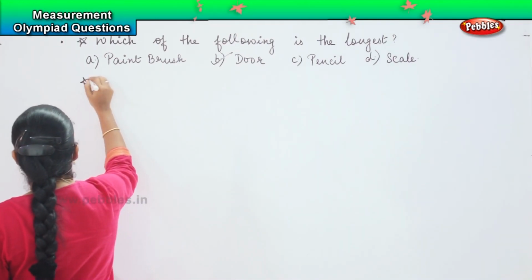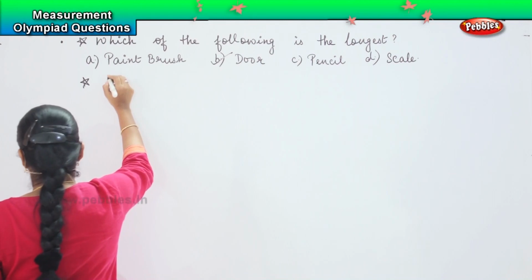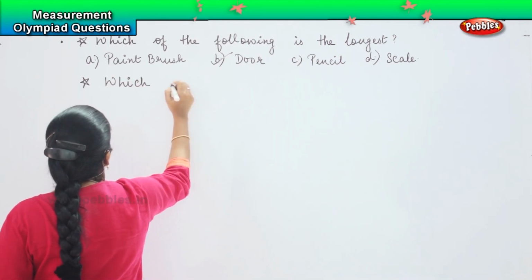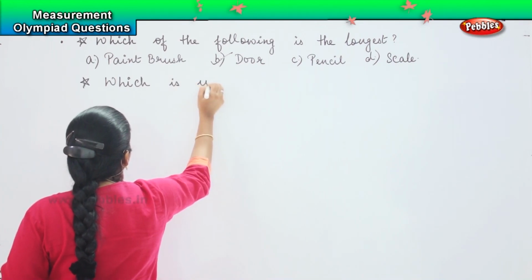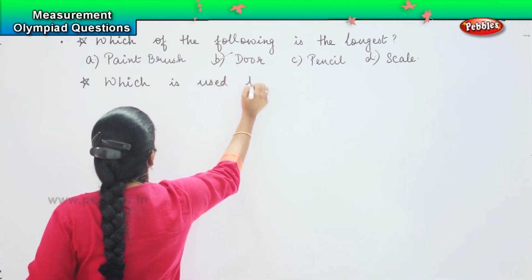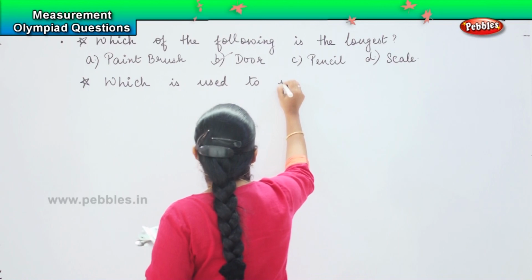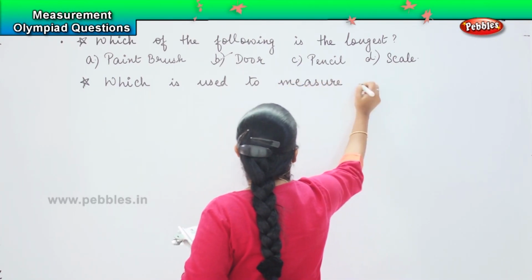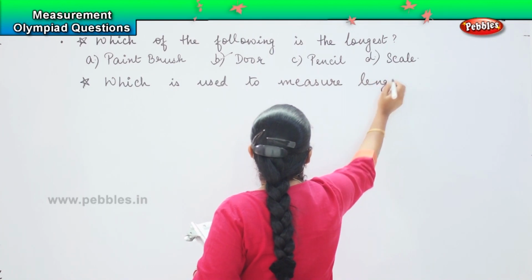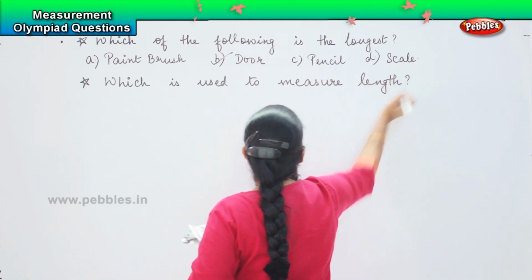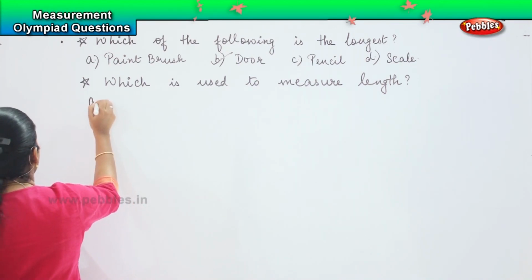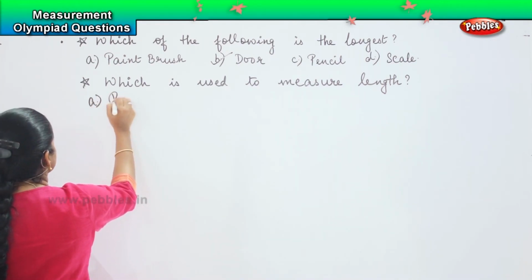Your second question says, which is used to measure length? Okay, which means that here it is talking about which particular unit we are going to use for measuring the length.